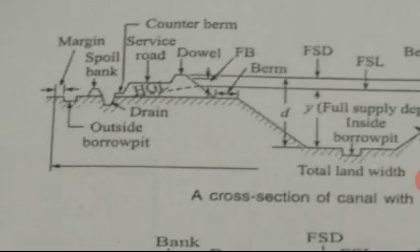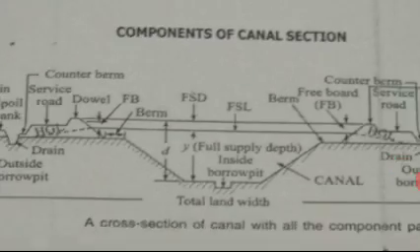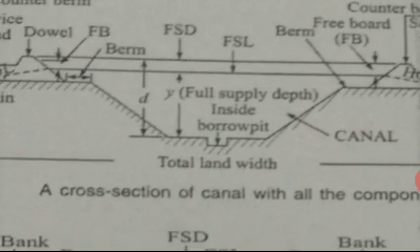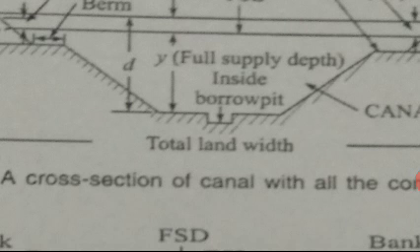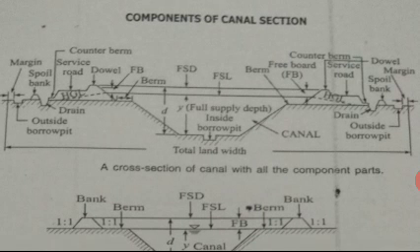Land width. The total land required for the construction of channel is divided into two parts: permanent land and temporary land.